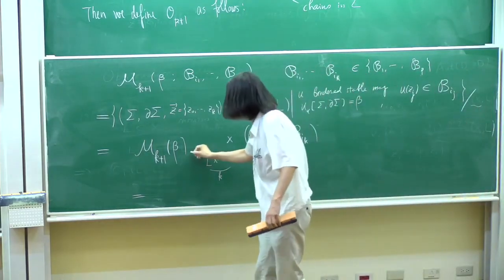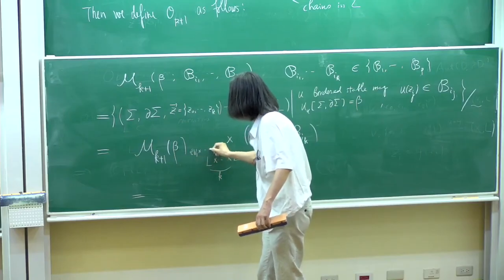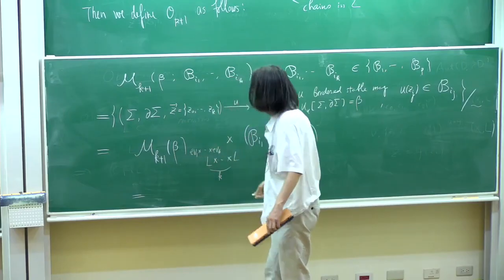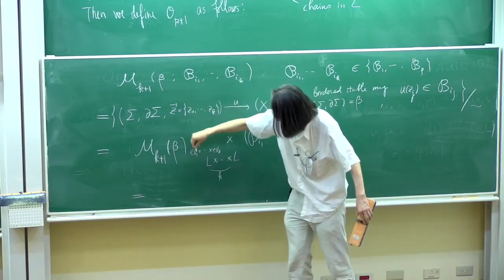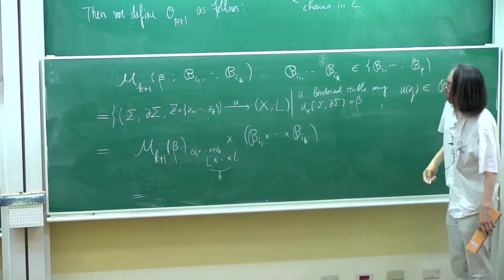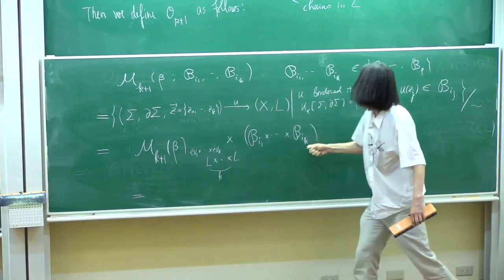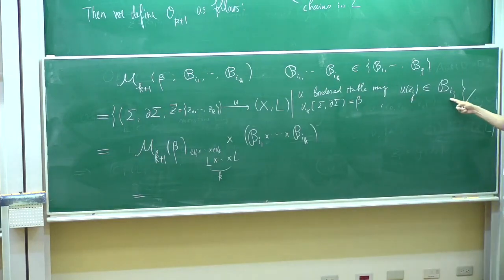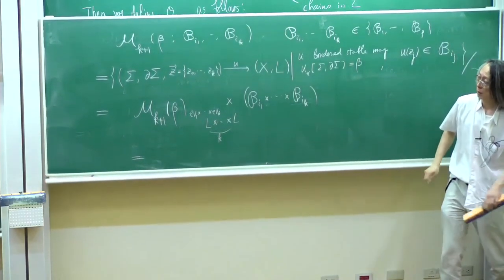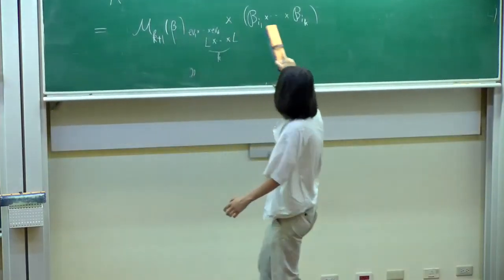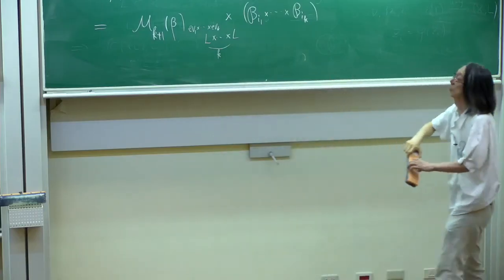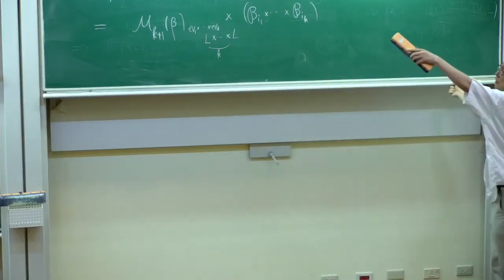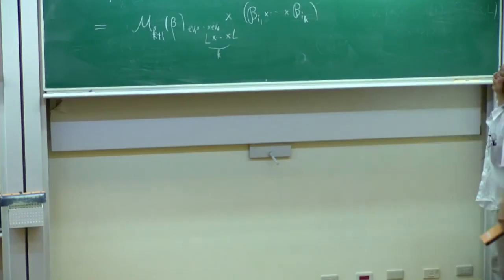And here actually I have an evaluation map at the first marked point up to the k-th marked point. So I have points z_1 to z_k, and take the value of u at the first marked point to the k-th marked point, and require that they meet with this. So that condition is exactly this, right? Later I may denote this kind of thing by fiber product notation. But anyway, this is M_{k+1}(beta; B_{i1}, ..., B_{ik}).